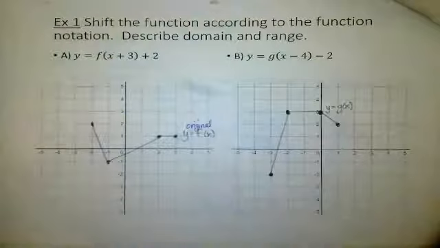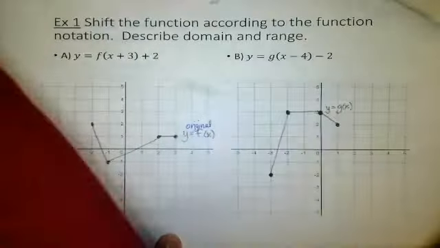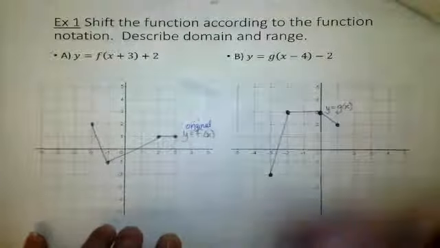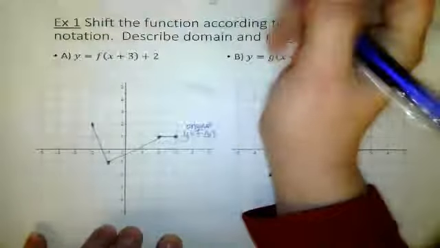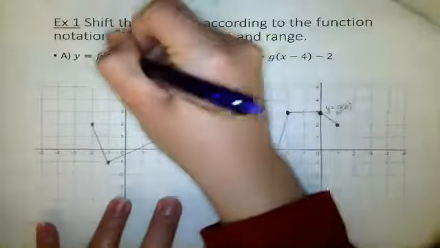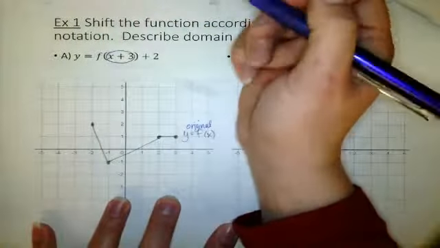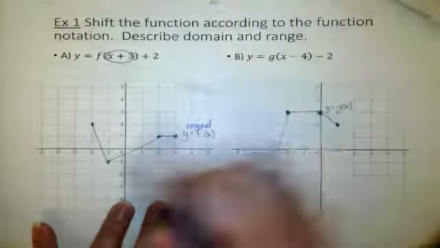What changes do you see? +3, +2, very good. And so just like the last 2 days, those changes to our function slide it up, down, left, and right. So what do you think happens to f of x plus 3? What does that x plus 3 do to this graph?